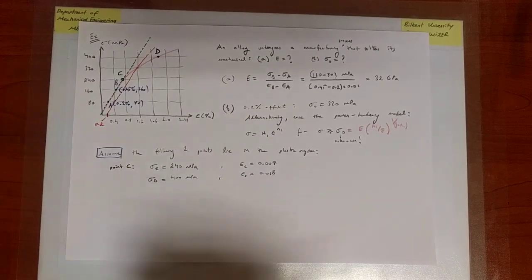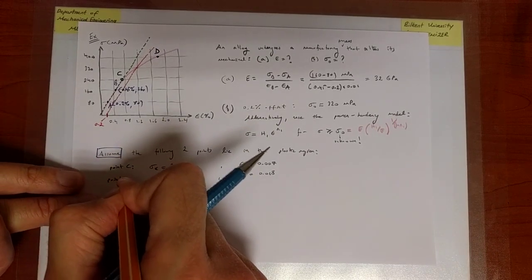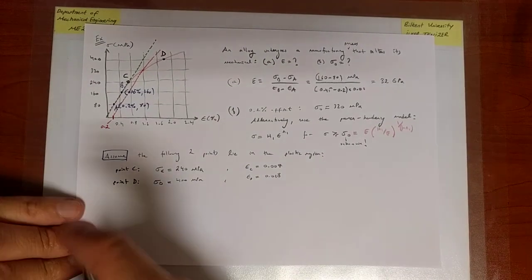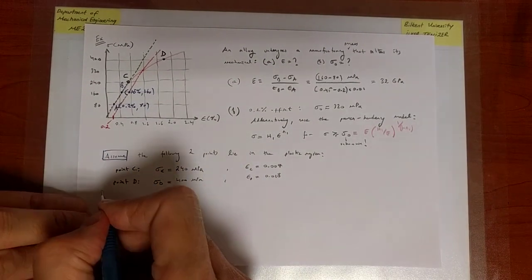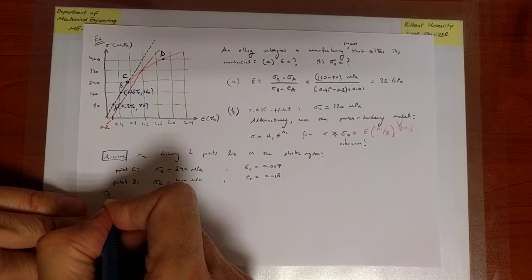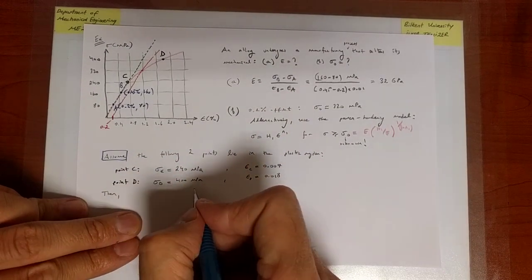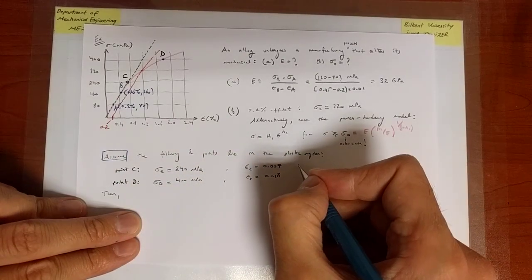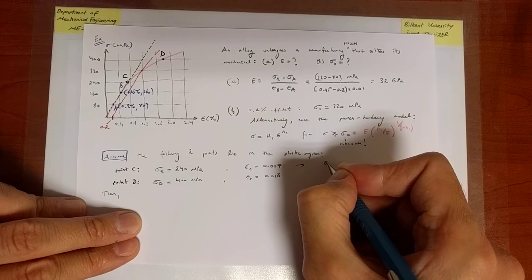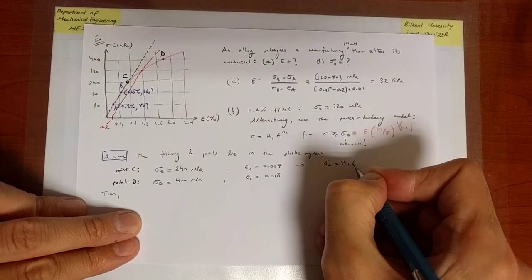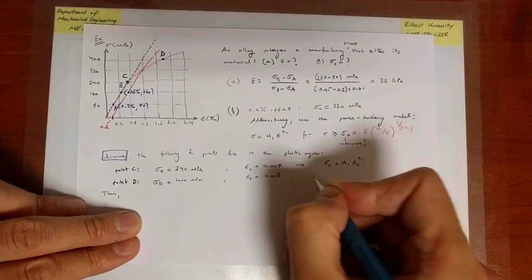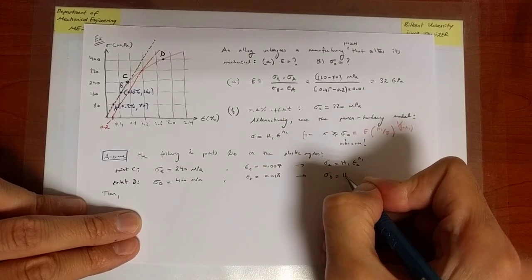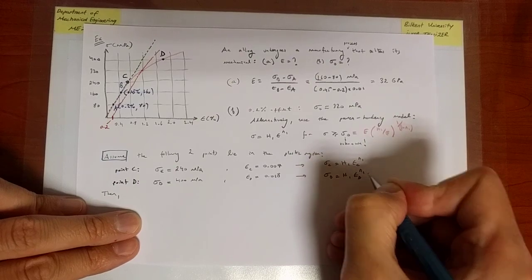So sigma c is equal to H1 epsilon c to the power N1, and also sigma d is equal to H1 epsilon d to the power N1.